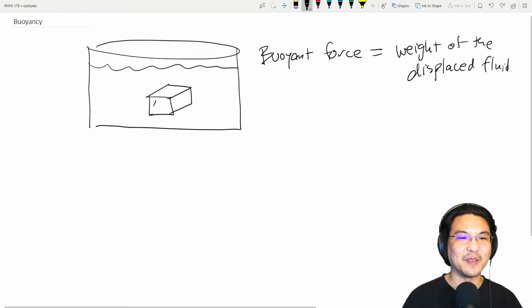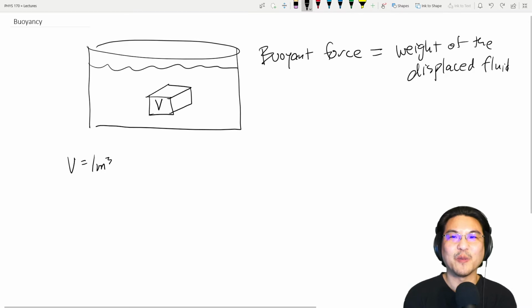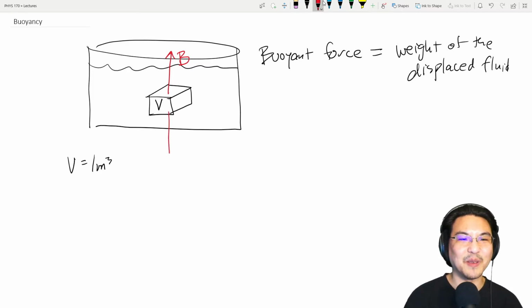Let's say the volume is 1 cubic meter. It's displacing 1 cubic meter of water. If you were to weigh 1 cubic meter of water, how much does that weigh? Something newtons. That amount of force is the buoyant force acting upwards. If you take the mass of that block times g, that would be the weight.